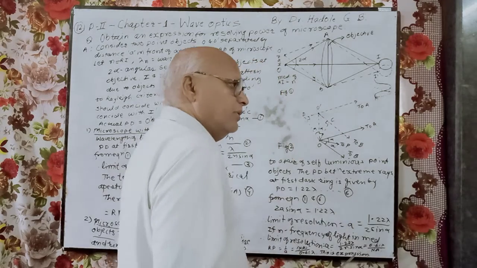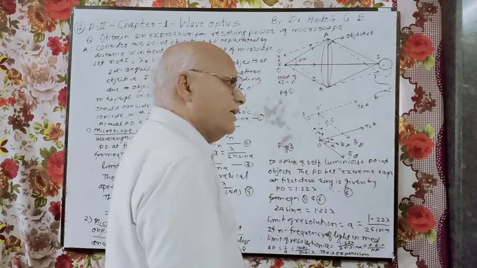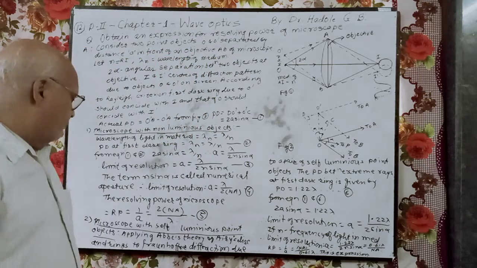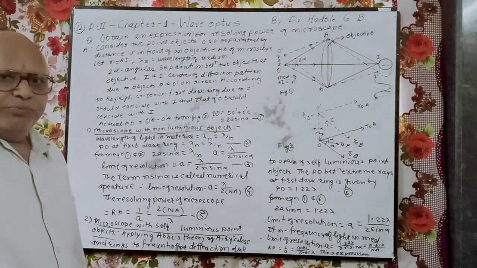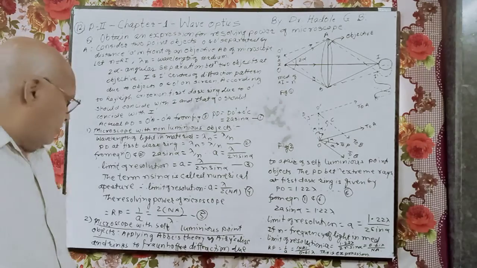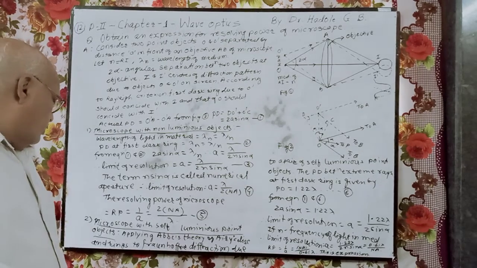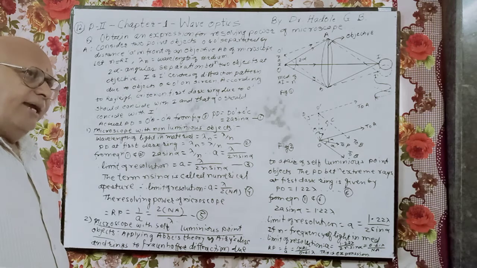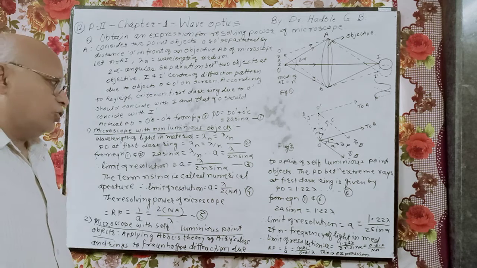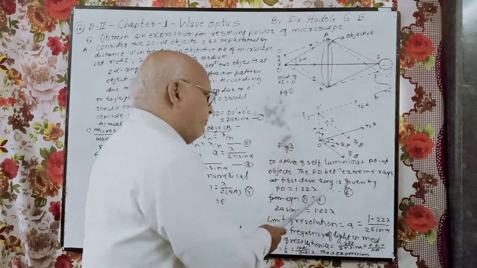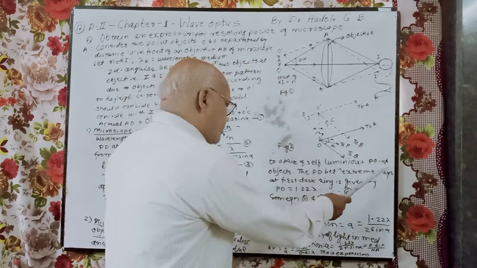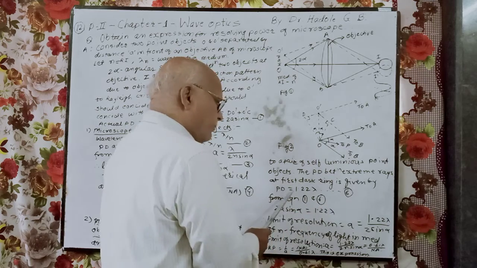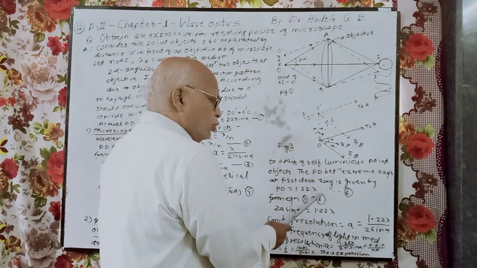We are saying that for a pair of point objects there is a formation of Airy's disk, and according to Abbe's theory, when this is applied to rings and hence to Fraunhofer's diffraction, then the path difference between extreme rays at a first dark ring is given by PD equal to 1.22 times lambda.